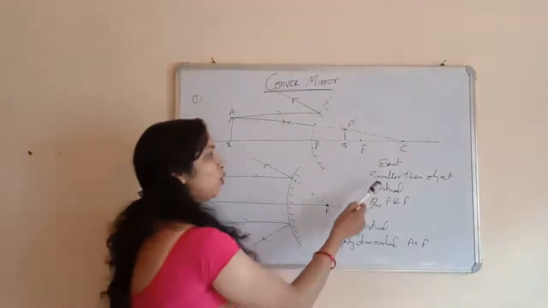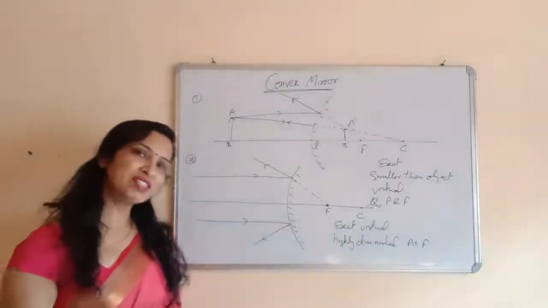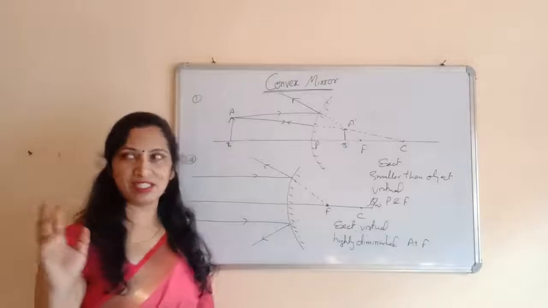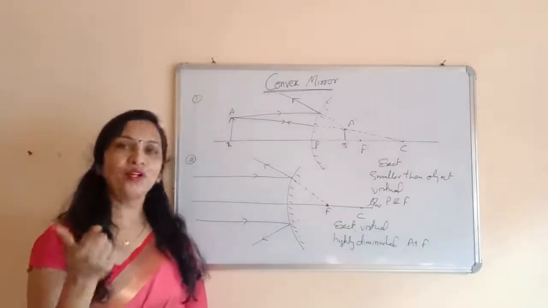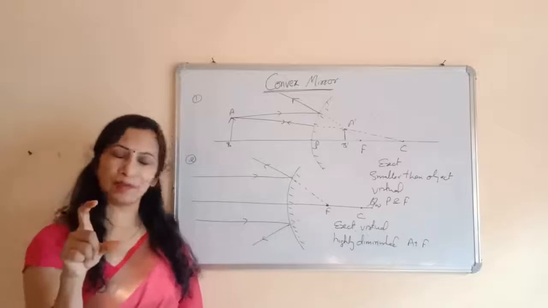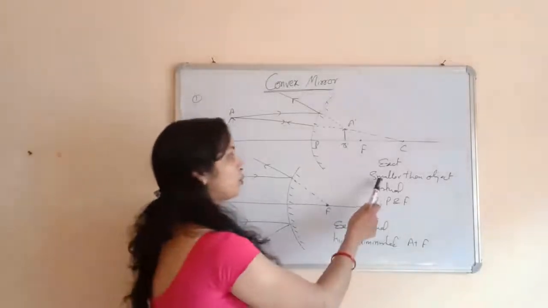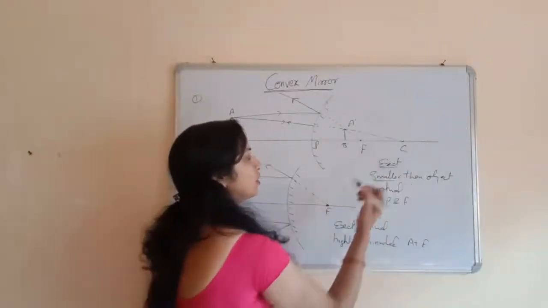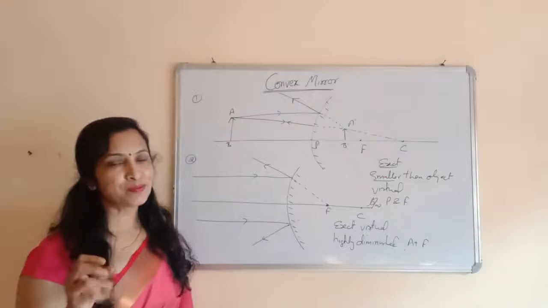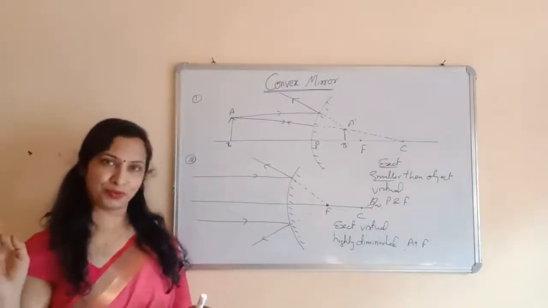Because it always forms an erect image. So the object which is coming towards us, which is behind us, always appears erect, not upside down. Second, it forms a smaller image. So due to this nature, it means you can see a large view behind you.